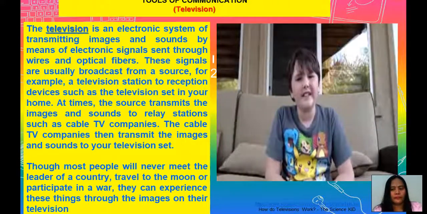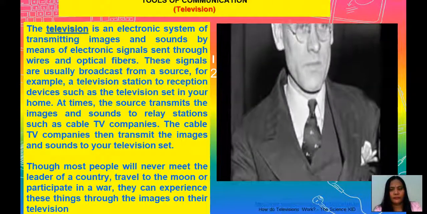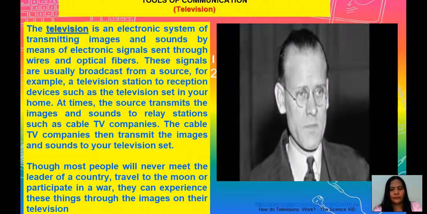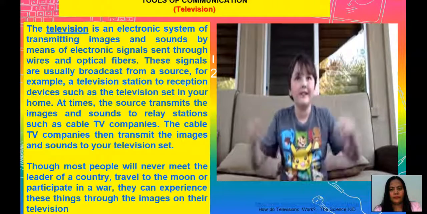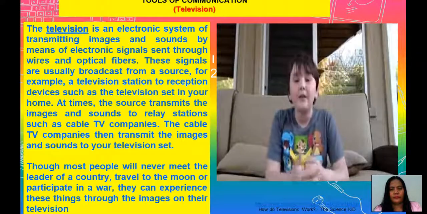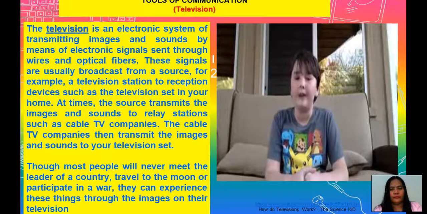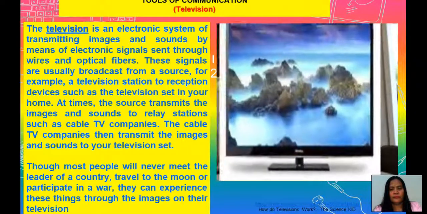But how does this modern technology work exactly? The first TV was founded by a man named Philo Farnsworth back in 1928. However, back in 1928, the television was black and white. Ever since then, the television has been completely remodeled to become the super fast flat-screen color TV we have today.